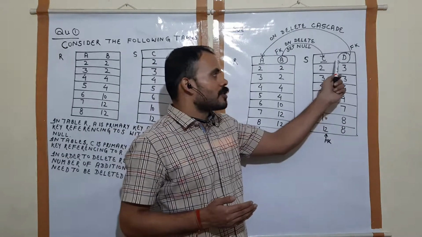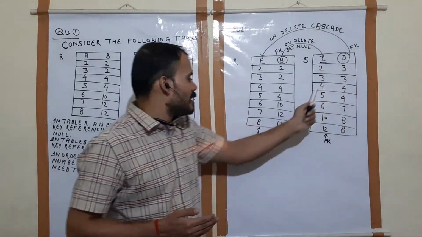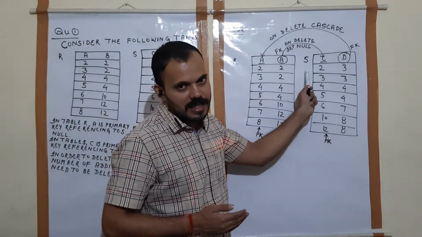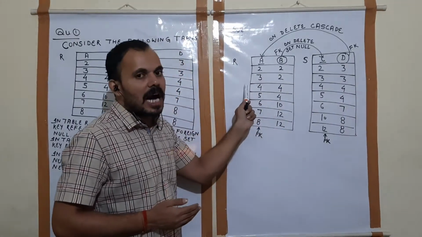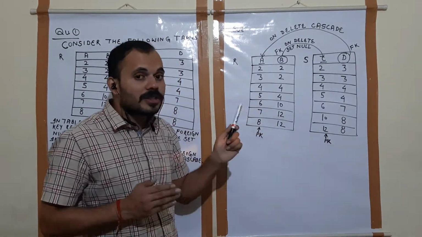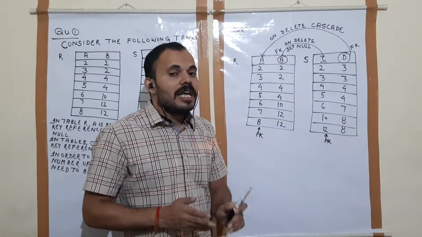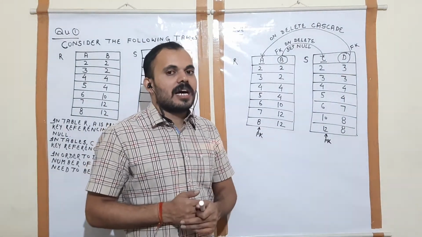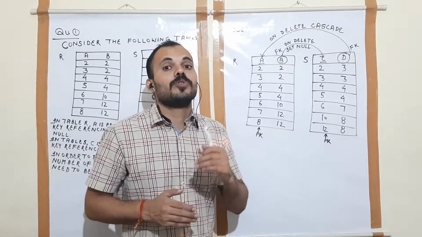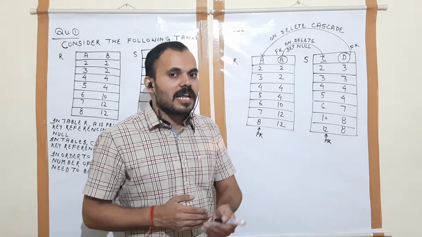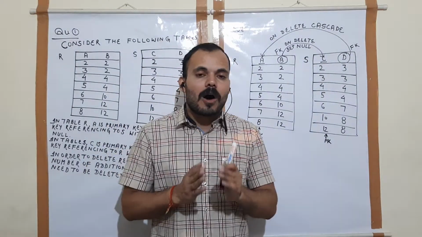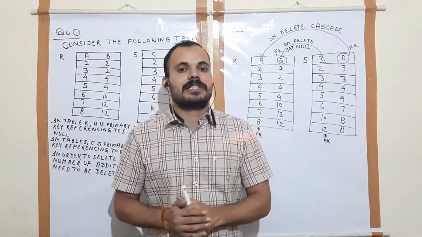So with respect to the foreign key D, the referenced relation is relation R and the referencing relation is relation S. So if we delete any record from the referenced relation R, the records in the referencing relation which contain the corresponding foreign key value are forcefully deleted. That is the meaning of on delete cascade. We have also studied it in the previous lectures.